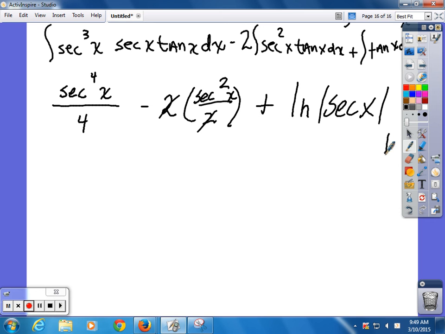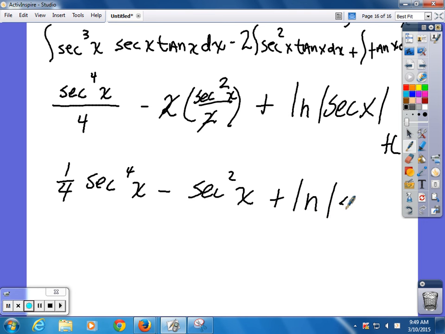Plus C. That 1/4, you can bring that out. 1/4 secant to the fourth x minus secant squared x plus the natural log of the secant of x plus c.